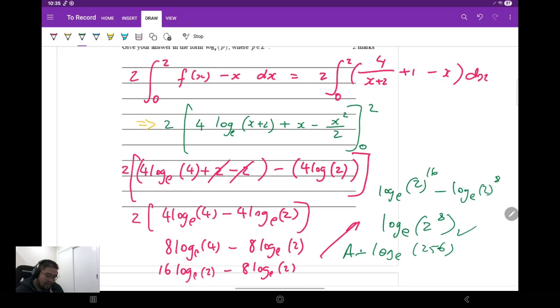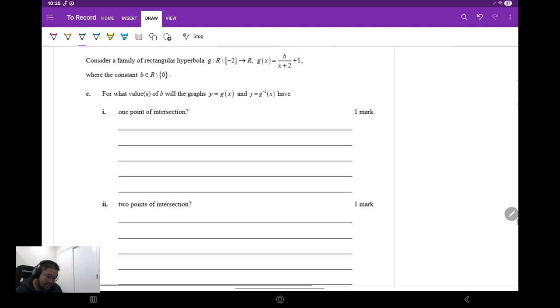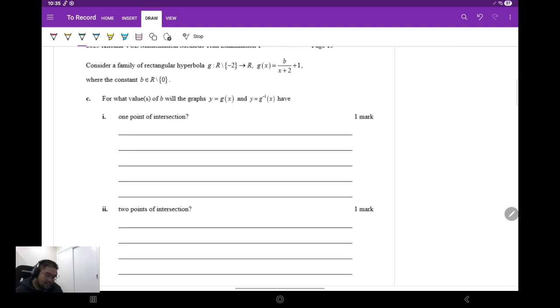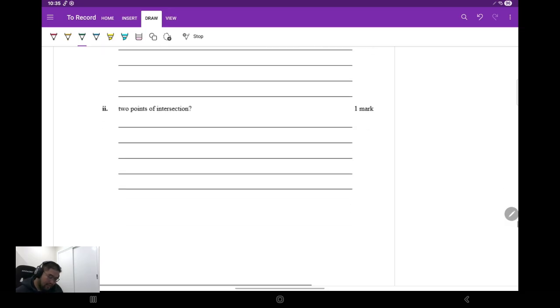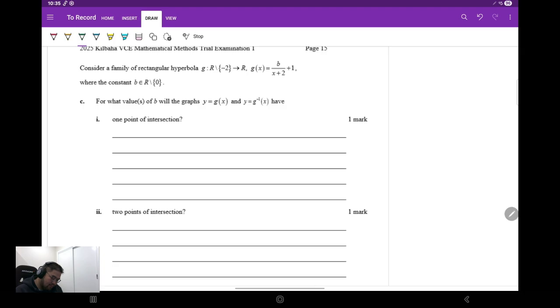All right. Next question says you've got a family of rectangular hyperbolas, and you're trying to find where these have points of intersection that are more than 1, 2. I'm thinking in this case, just by looking at the prompts, to look at the discriminant.